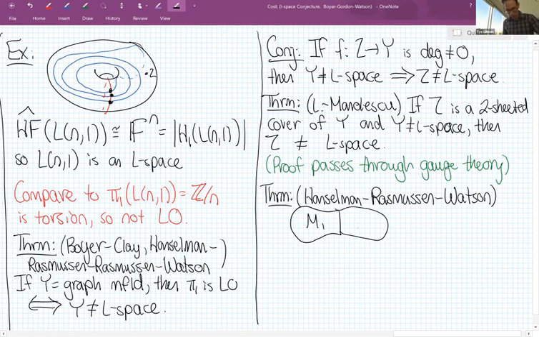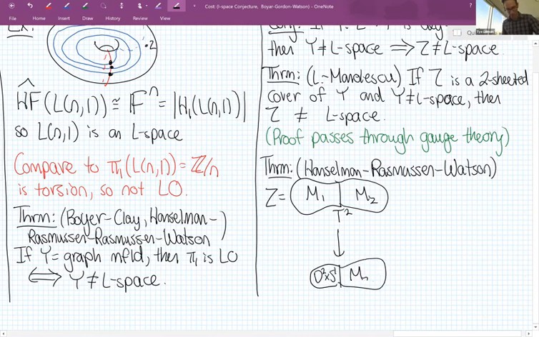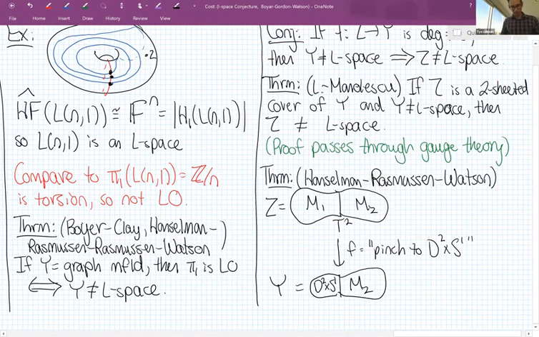Let's say I have M1 and M2, two three-manifolds with torus boundary, and I glue them together to get Z. And I just take one of these three-manifolds that's complicated, and I replace it by just a solid torus and keep the other part fixed. So F is sort of pinched to a solid torus. And in that case, again, this conjecture is true.